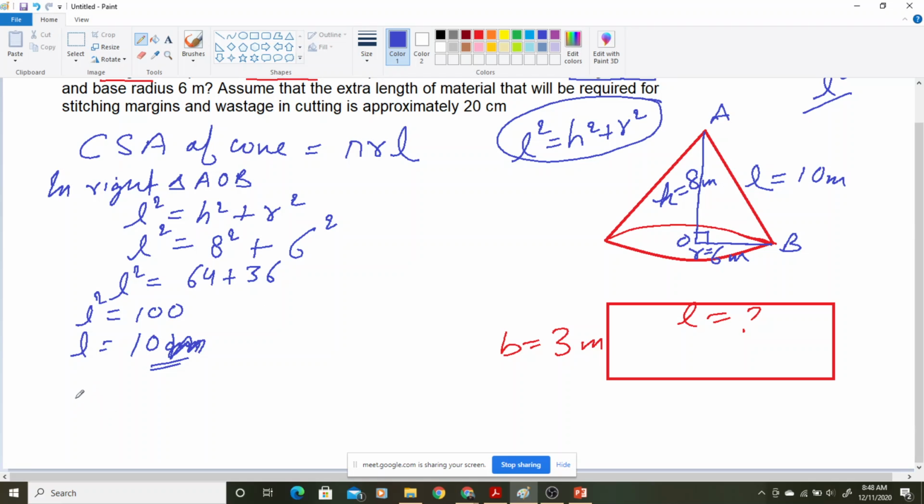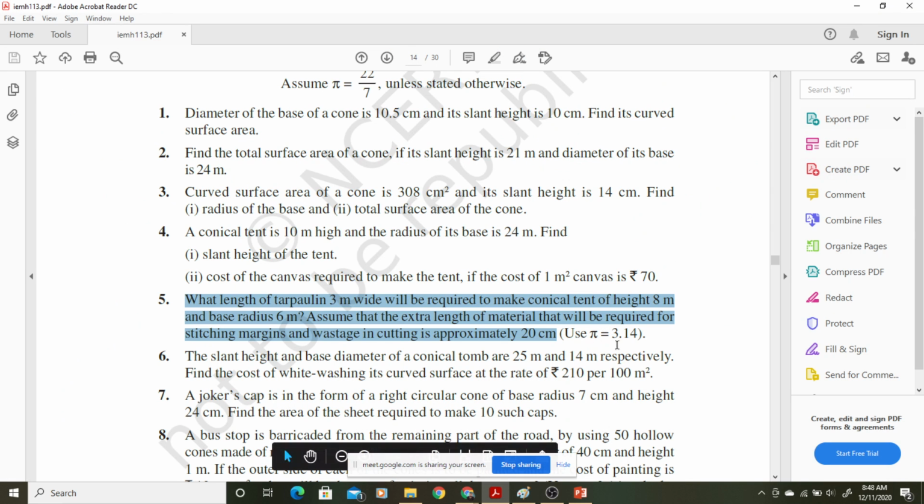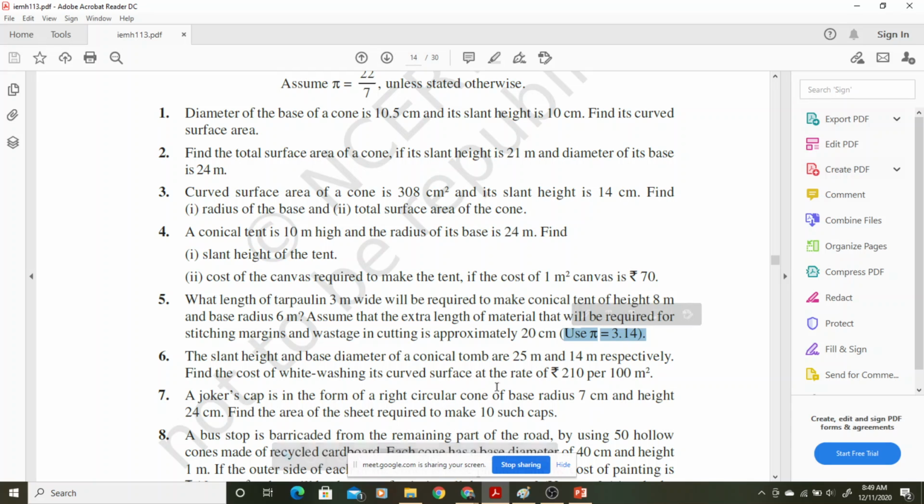So if I am finding CSA, I will be using the formula pi RL. You can see in your question, the pi value is given as 3.14. So whenever the value of pi is given, just use that value only.